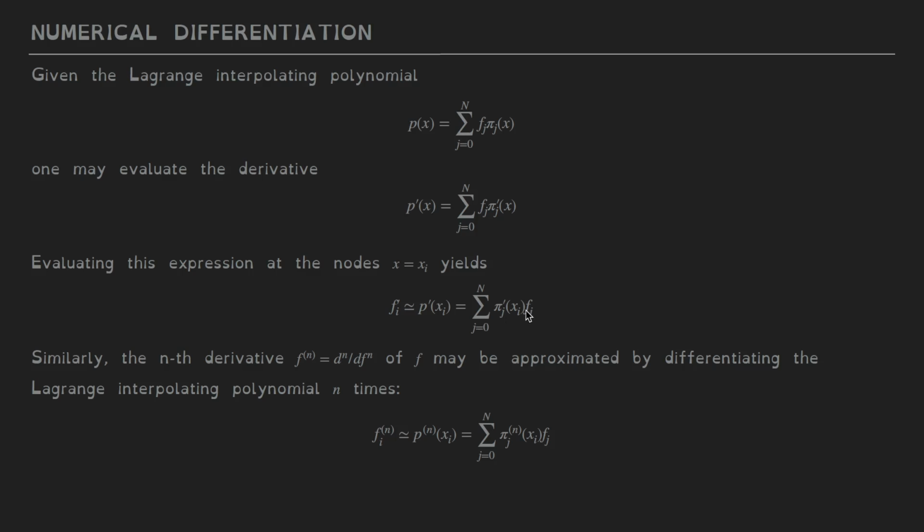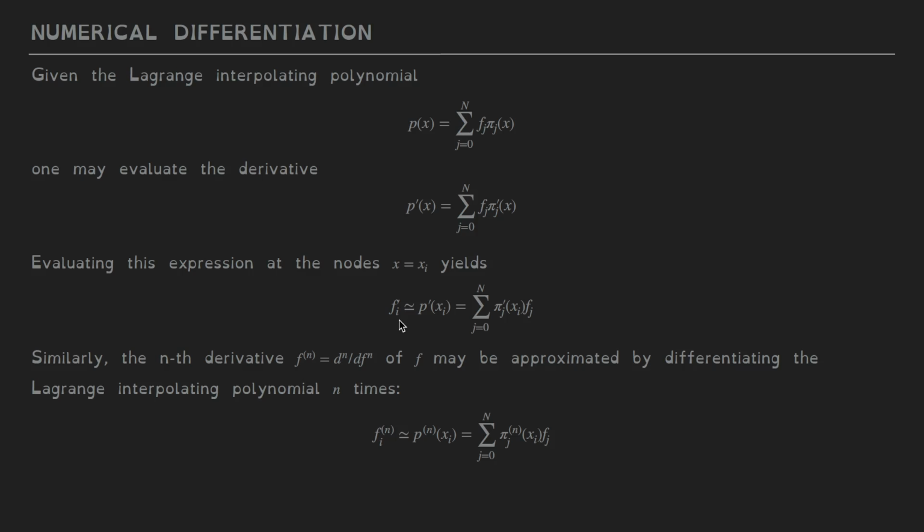So if dij is a matrix D and fj is a vector f, then this operation is simply D dot f, and we can therefore compute numerical derivatives by doing a simple matrix multiplication where the differentiation matrix D operates directly on the vector of function values and then returns a vector of the function derivatives at those grid points.